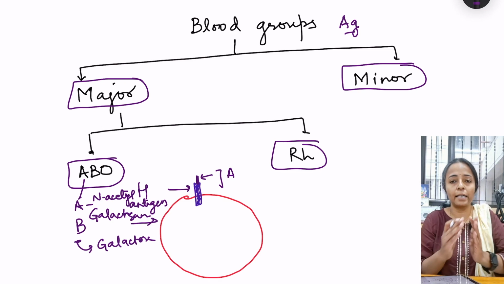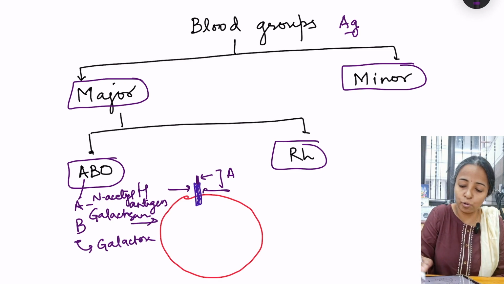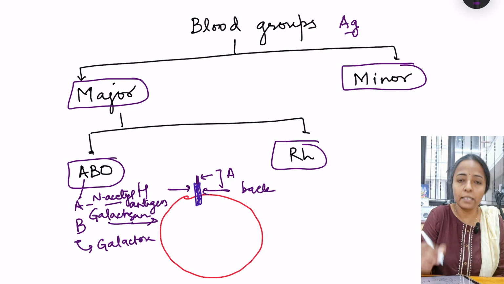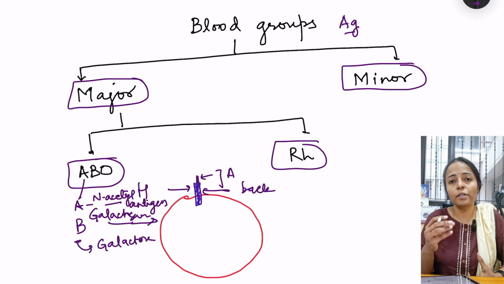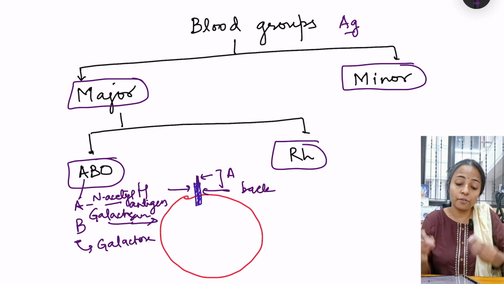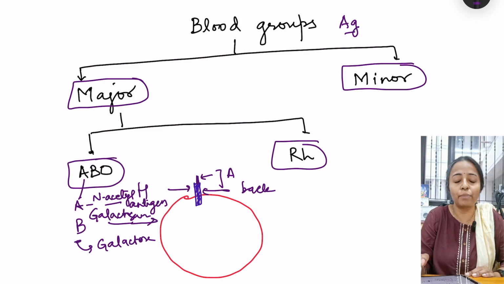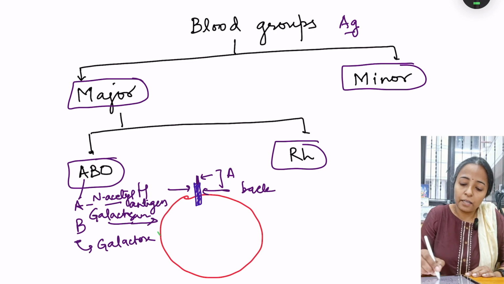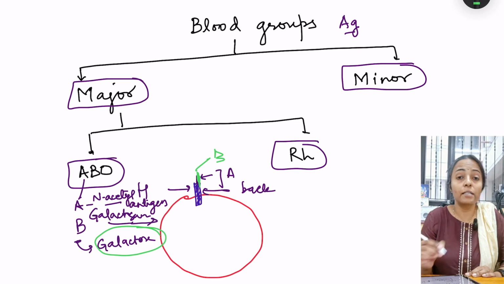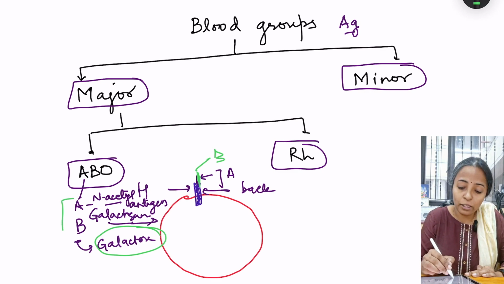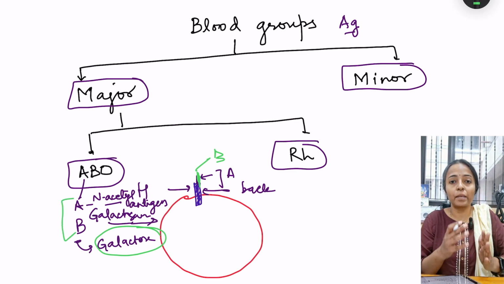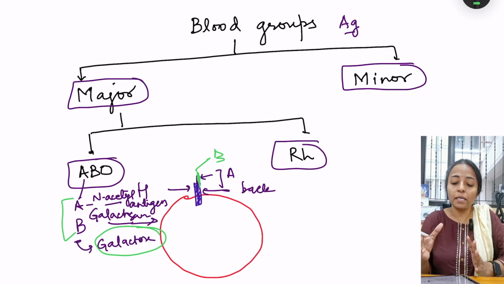So understand, H antigen forms the backbone over which, if an enzyme is present which transfers this N-acetyl galactosamine over this H antigen backbone, that is known as A antigen, and if galactose is added, that is known as B antigen, and if both are added, then that is known as AB, presence of both A and B antigens, right?